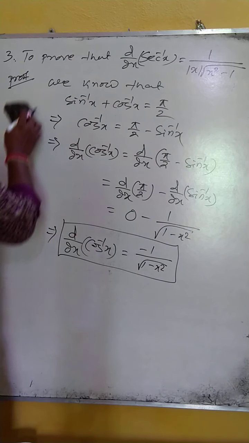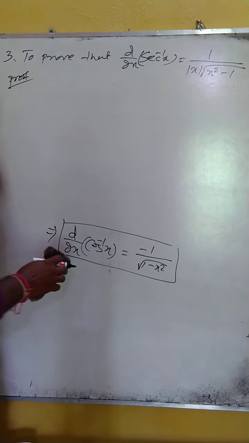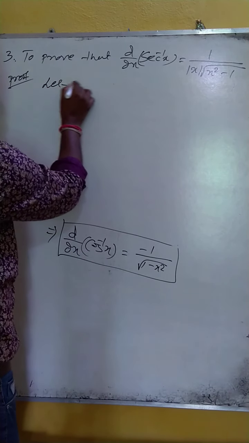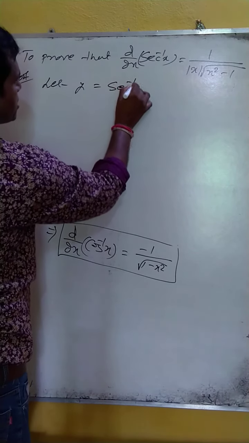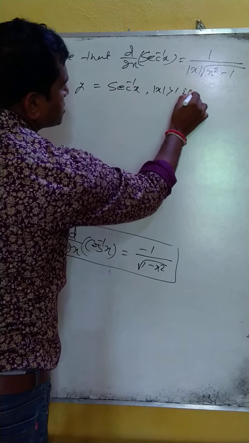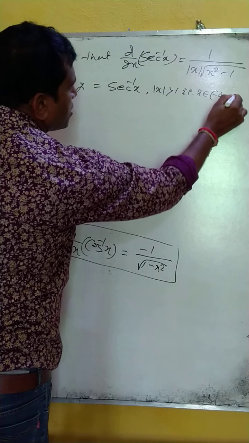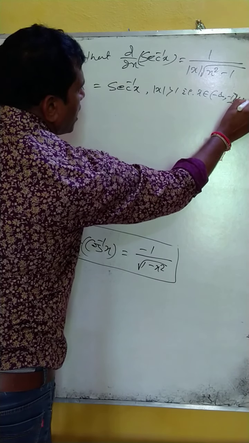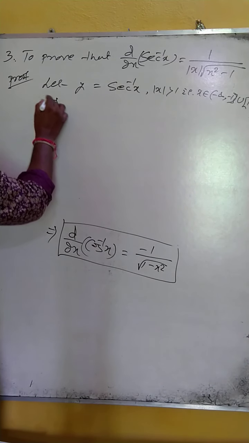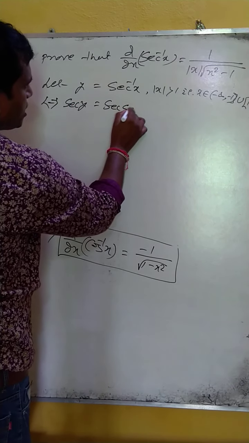Okay, let y is equal to sec inverse x, mod x greater than 1, that is x belongs to minus infinity to minus 1 union 1 to infinity. Okay, that implies sec y is equal to sec of sec inverse x.